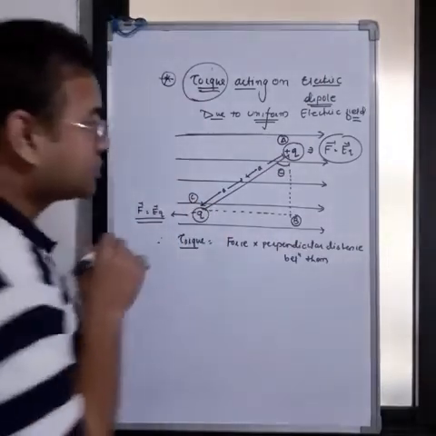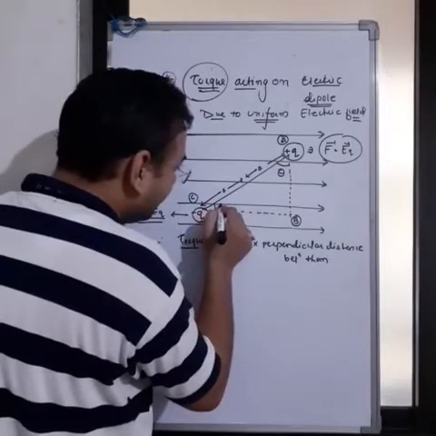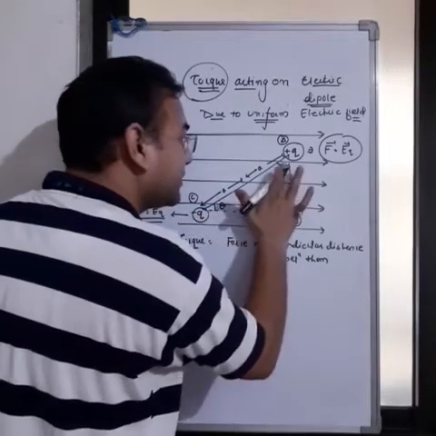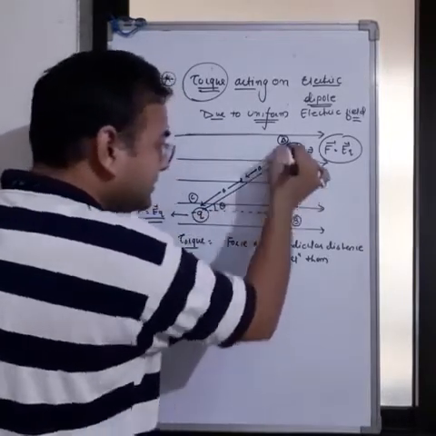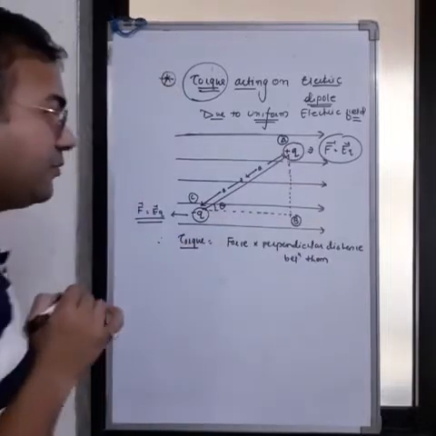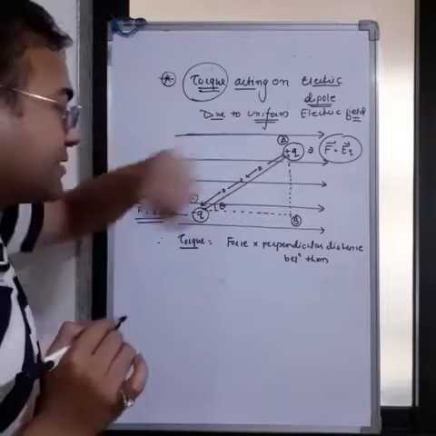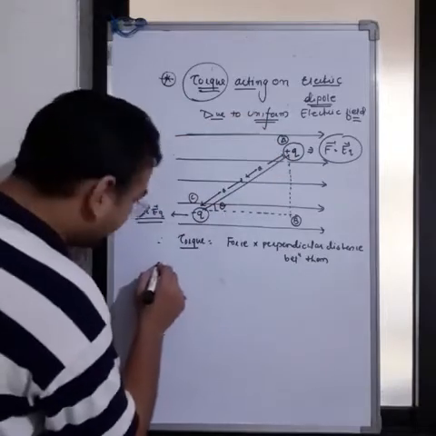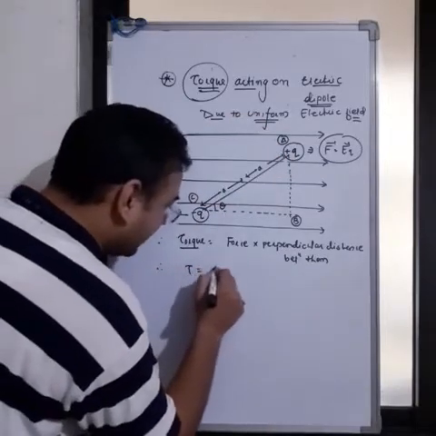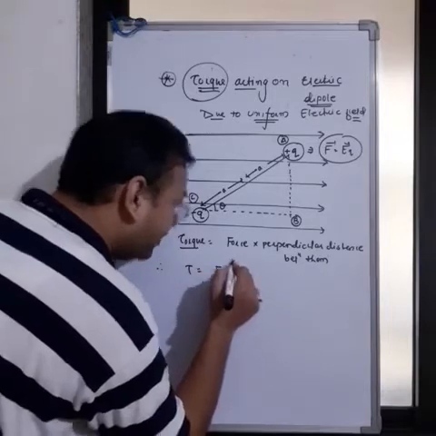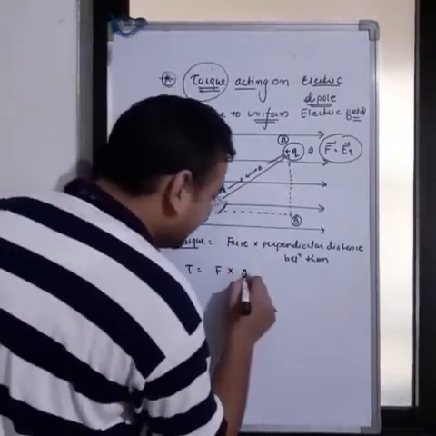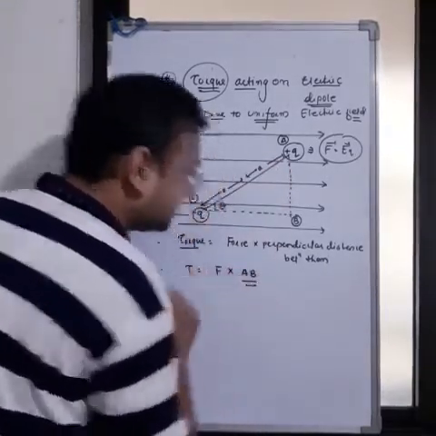Got it? So one angle we consider here is theta. So this AB is the perpendicular distance between these two forces. So torque tau is equal to F into the perpendicular distance AB.